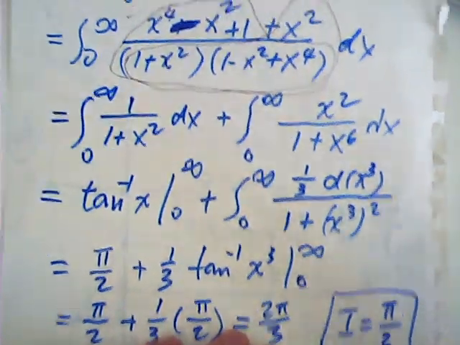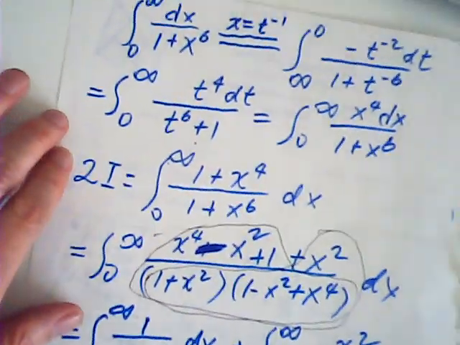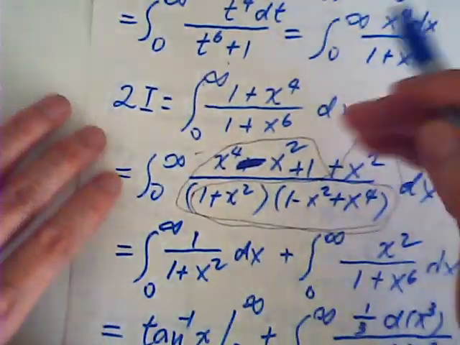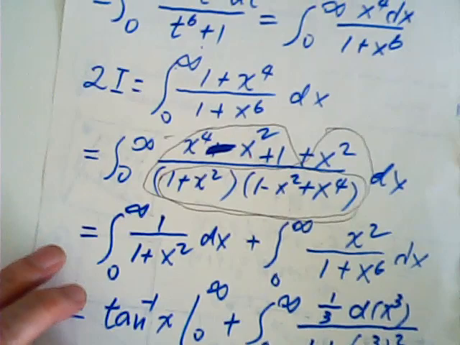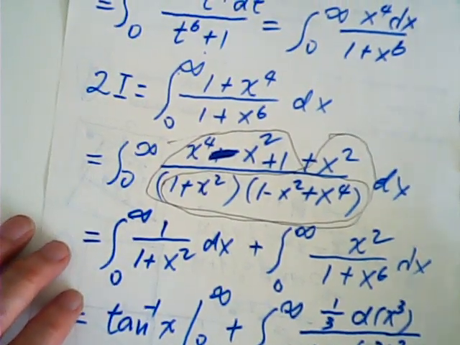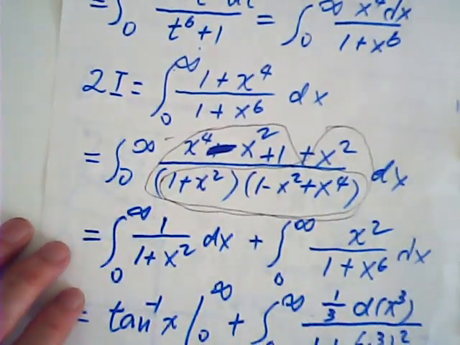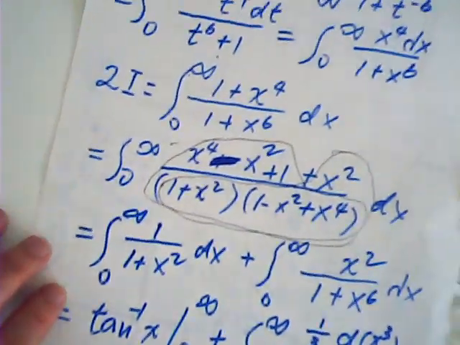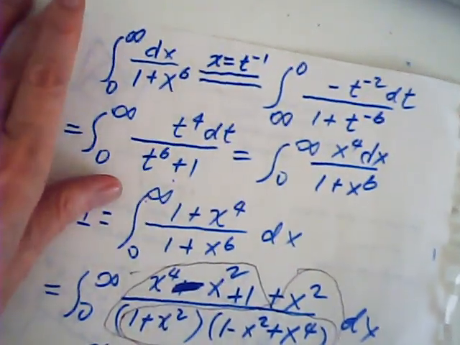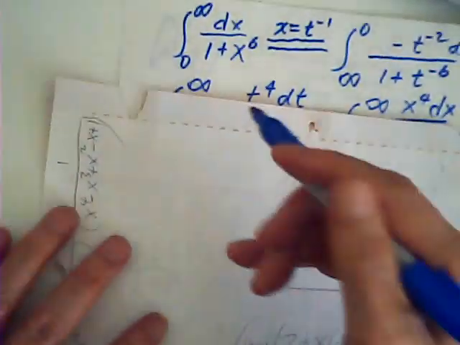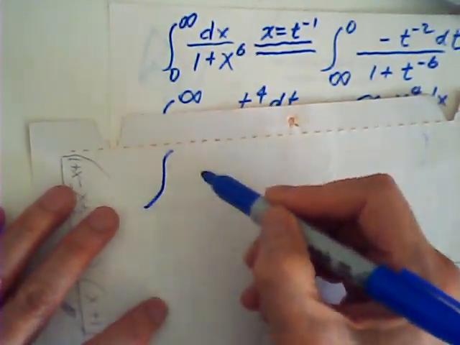See? This method makes this integral rather easier. Now, the reason I'm doing 4 and 6 is that they are relatively easier.